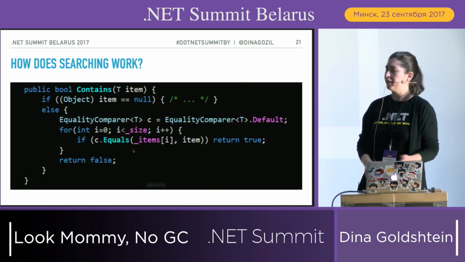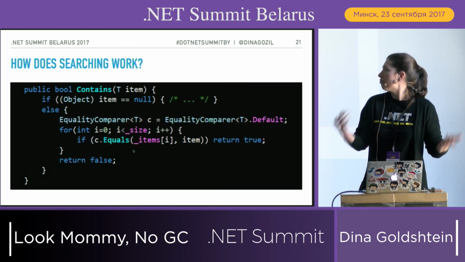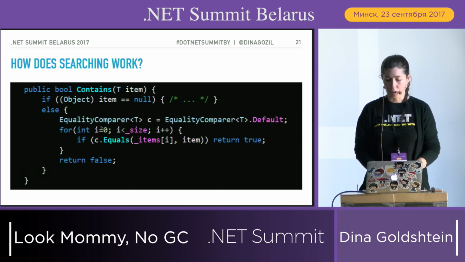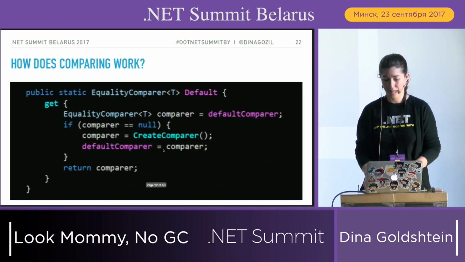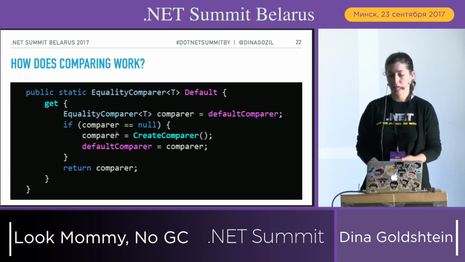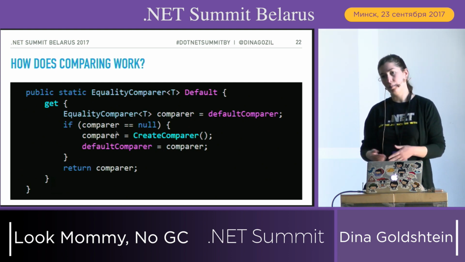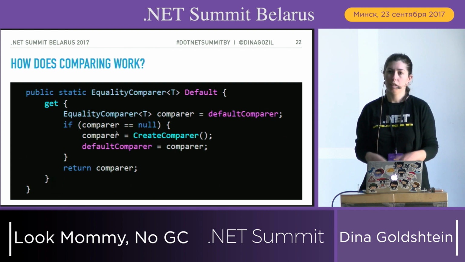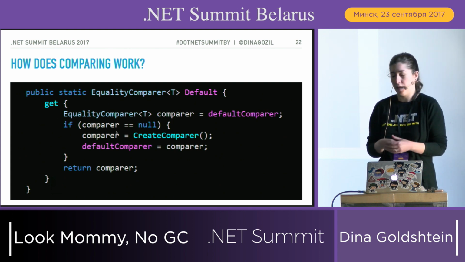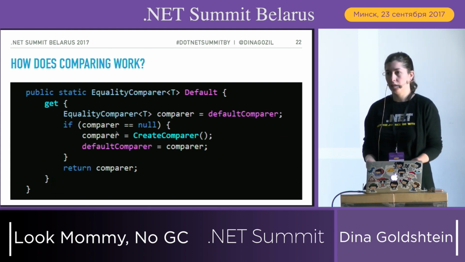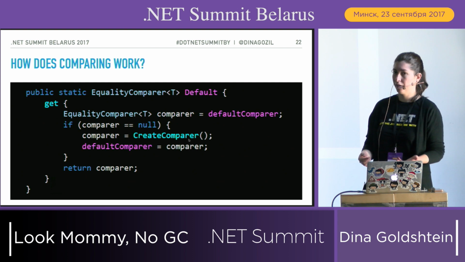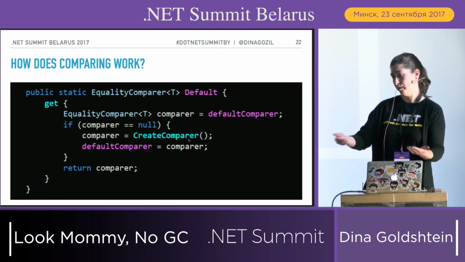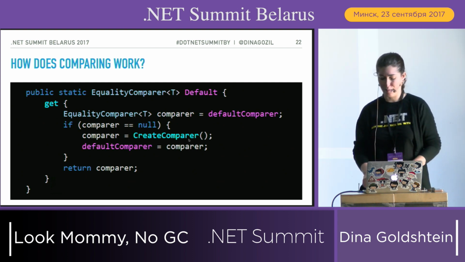So let's try to understand what's going on. Searching is easy, right? We just need to go over all the elements and compare them. However, comparing primitive elements is straightforward, but if we have our own specialized structure, it's not clear how to compare it. So we need to create the correct comparer in order to be able to search for our element.